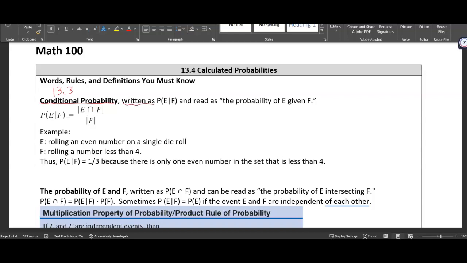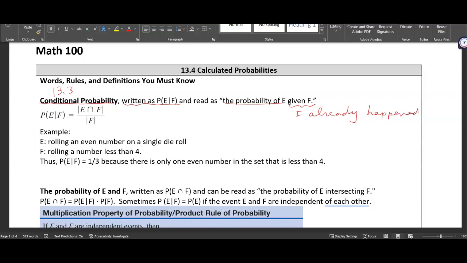This new notation, P parenthesis with E and then a vertical bar F, is read as the probability of E given F. Given F means that F already happened, so 100% you know F has already happened. And what does that mean?